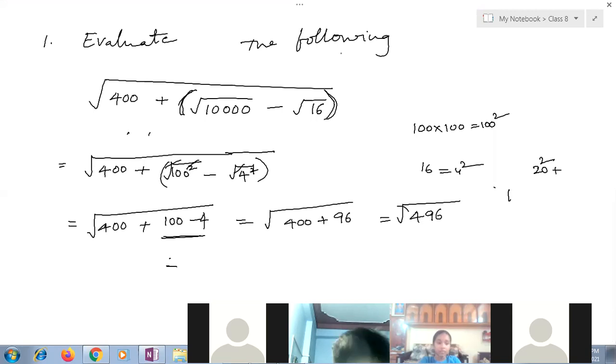One minute. Pallav, can you repeat? Ma'am, we can take 20 square plus 10 square minus 2 square.